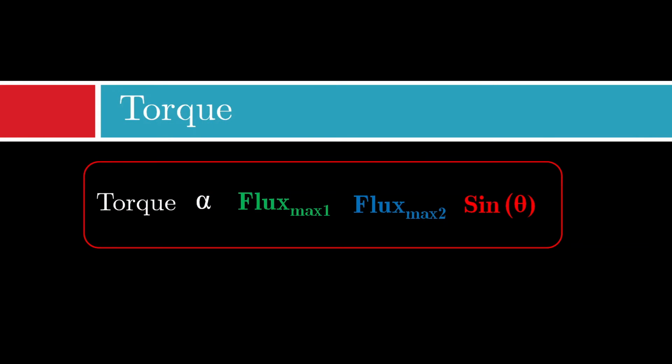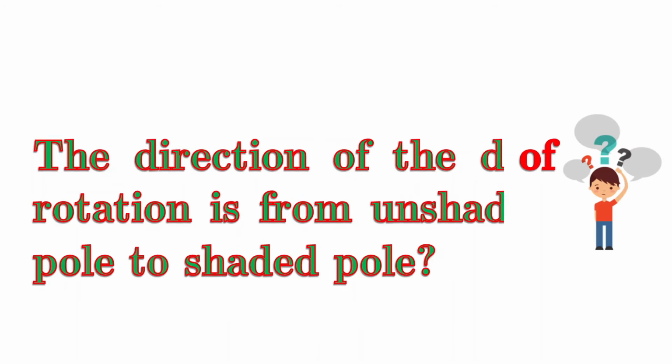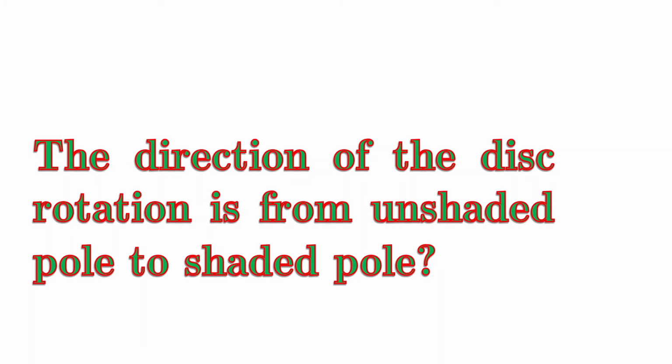I hope you understand this explanation. Now my question is, what is the direction of the disk rotation? The direction of the disk rotation is from unshaded pole to shaded pole. You need to think upon this question because your unshaded pole flux leads the shaded pole flux. So you have to see when your angle theta is positive or when your angle theta is negative, because that makes the torque positive or negative.